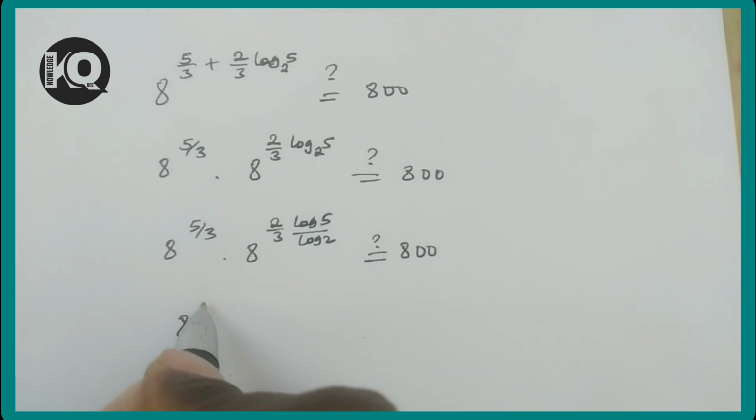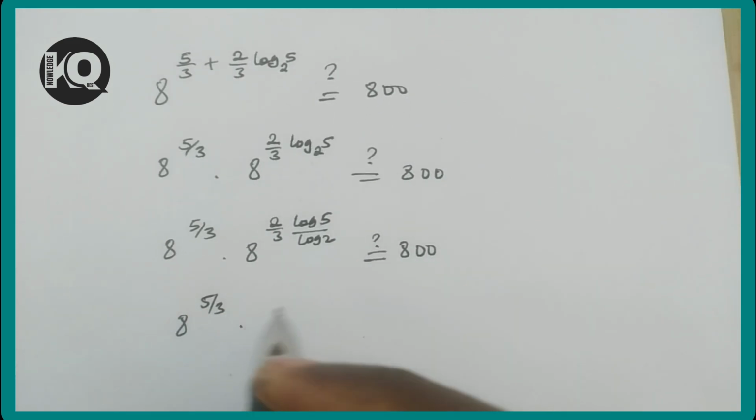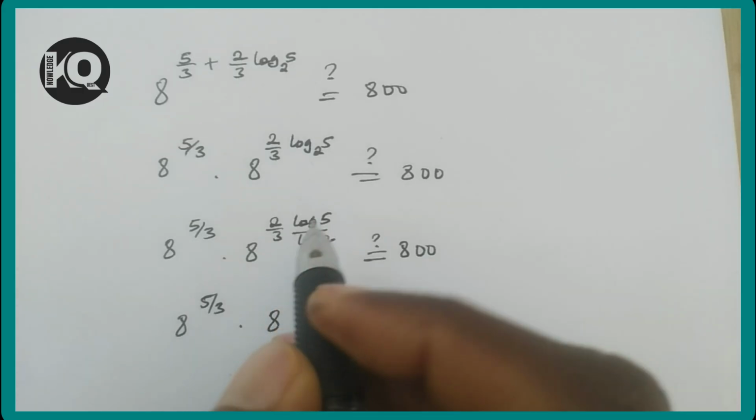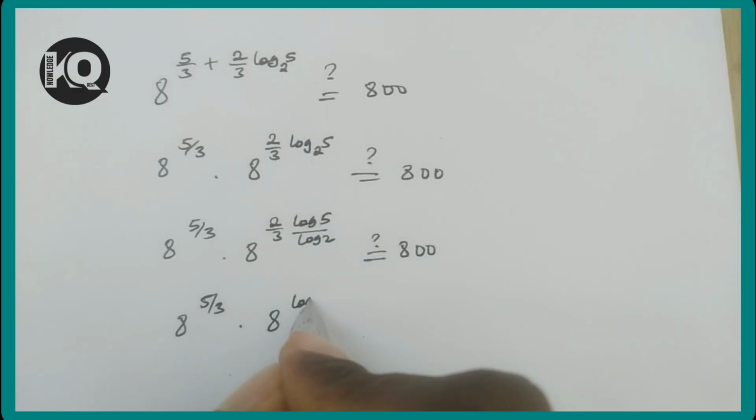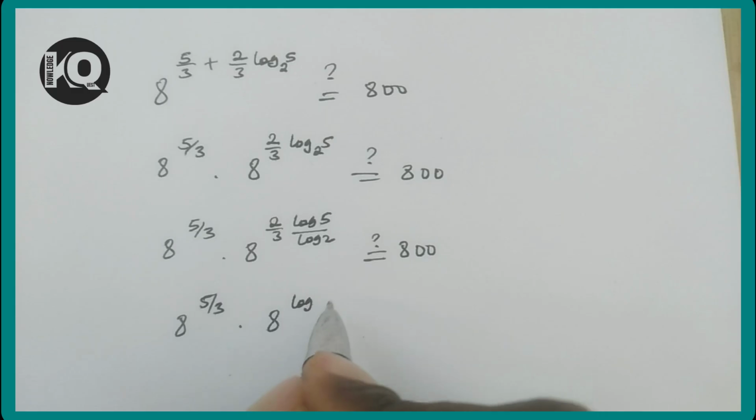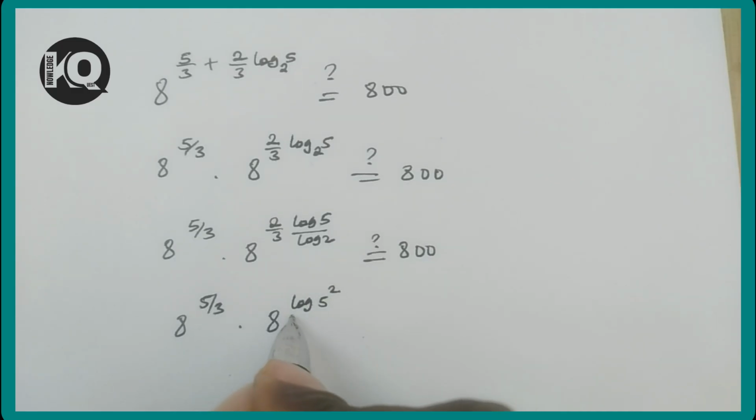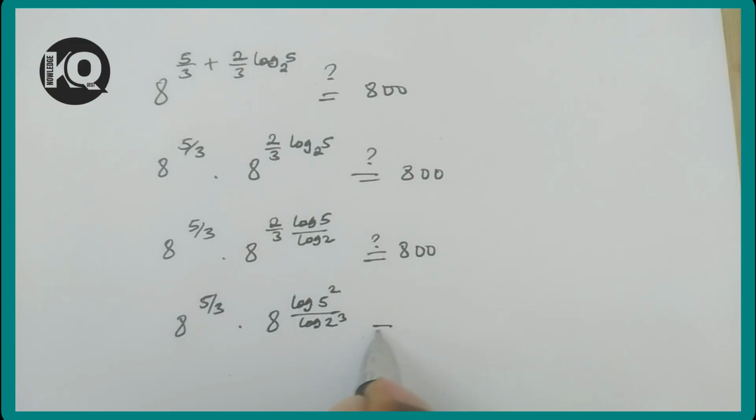We can take this base into the exponent: log of 5 squared over log of 2 cubed, which is equal to 800.